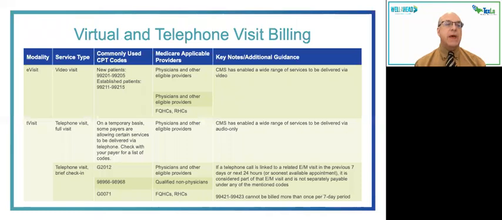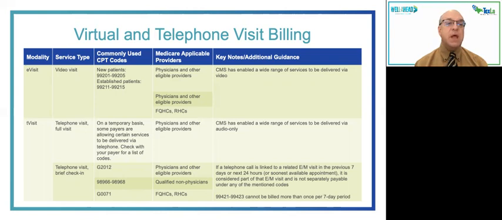So let's just look at virtual and telephone visit billings. When you're doing an e-visit, it's basically like what we consider a typical virtual visit. It's a video visit, and those use codes 99201 to 99205 for new patients, and 99211 all the way up to 99215 for existing patients, okay?